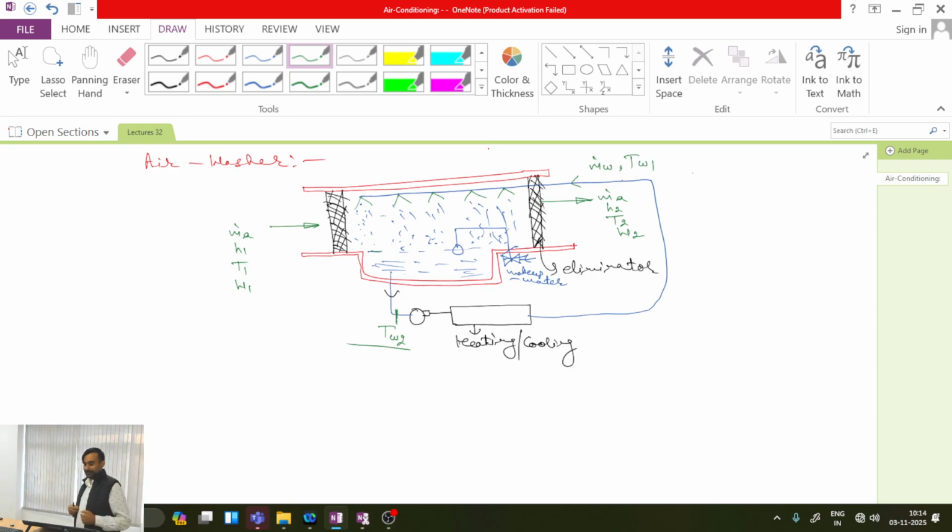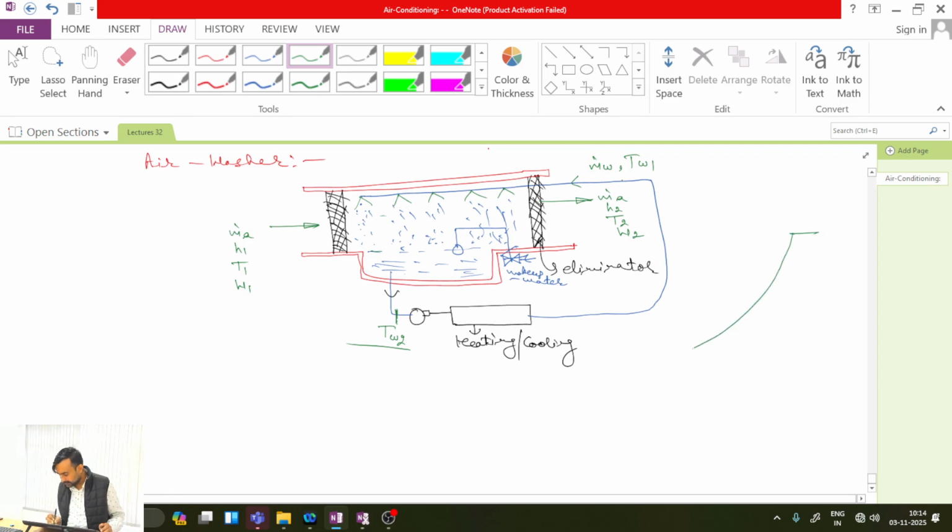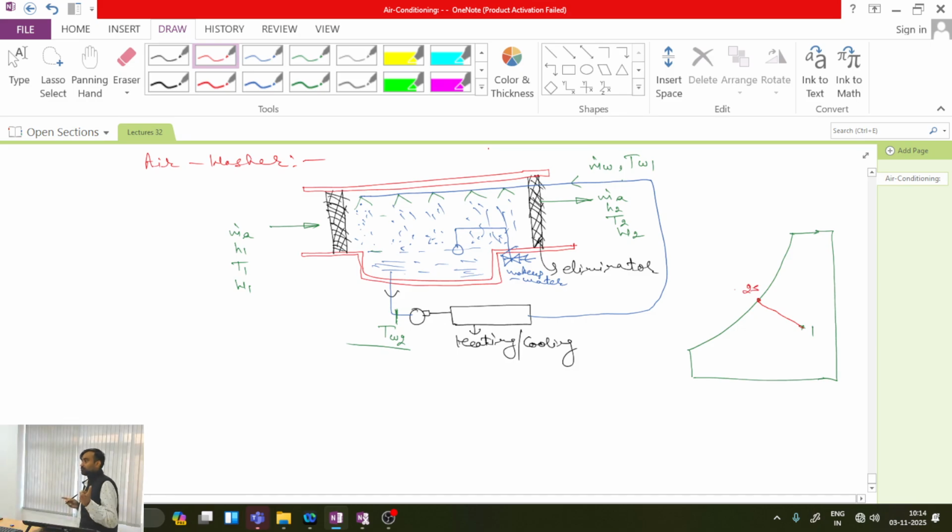And if this process happens, then what will happen ultimately? If this was my state 1, and I am doing the adiabatic saturation process, then if my air washer is of infinite size, I must move along a constant wet bulb temperature line and reach point 2s. I will be able to reach point 2s only when the size of the air washer is infinite.